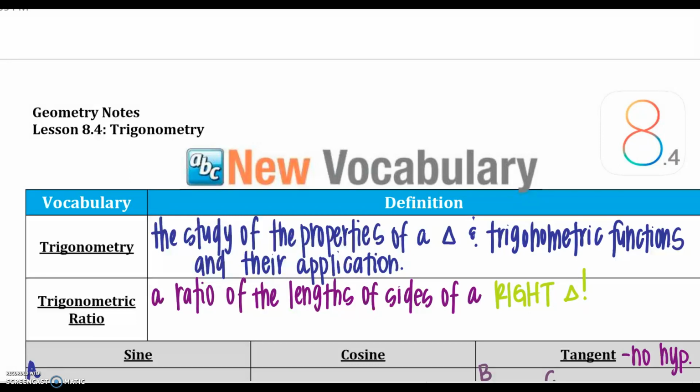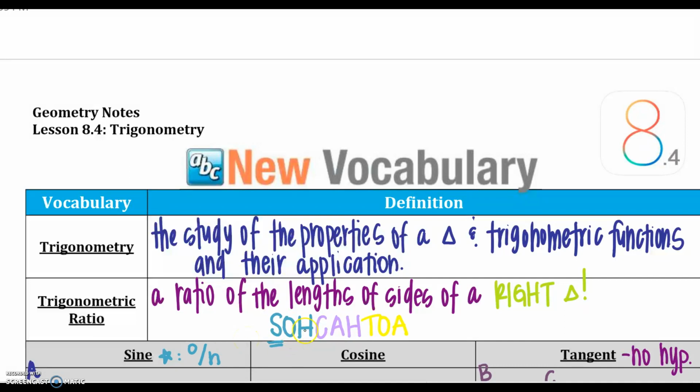Something that you may have seen before is the Sohcahtoa method that a lot of people use and talk about to help you through these trig functions. Sohcahtoa really stands for these values down here. SOH is sine, and just a little preview, that's going to be your opposite over your hypotenuse, and we'll get into that a little bit later.